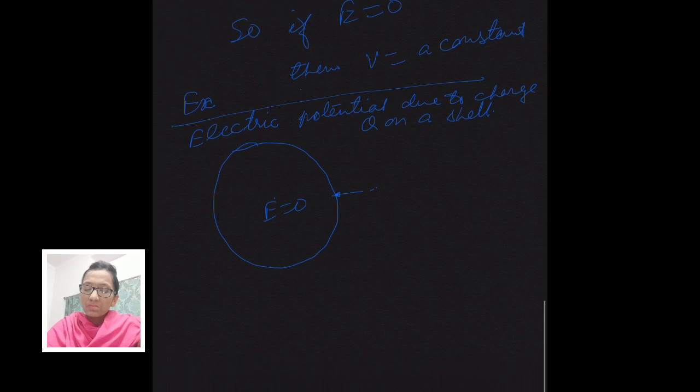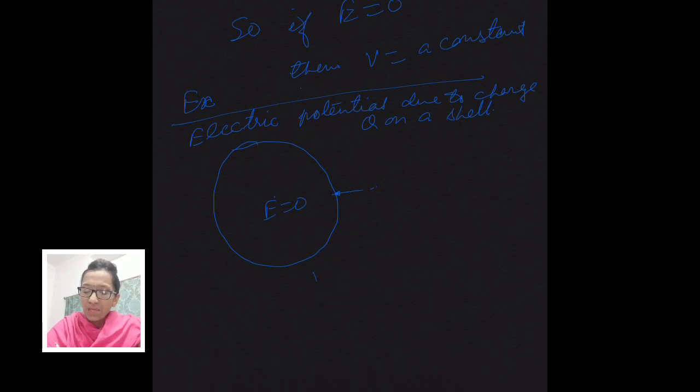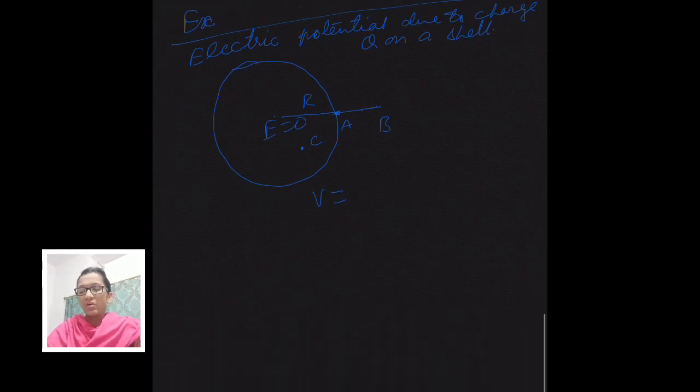Suppose it has radius R, and here you have a point A on the shell, outside the spherical shell you have point B, and inside at any place you have point C. So we will be writing the potential at all 3 points.